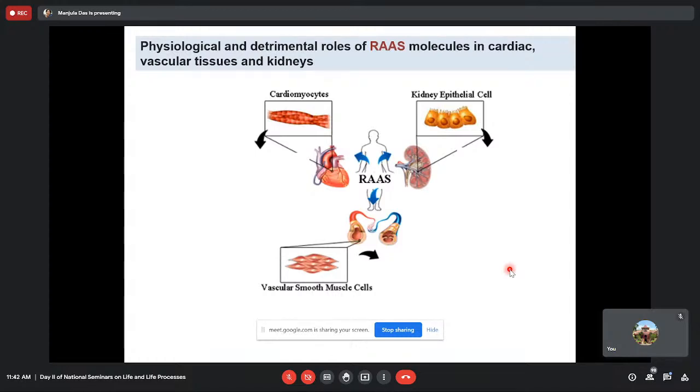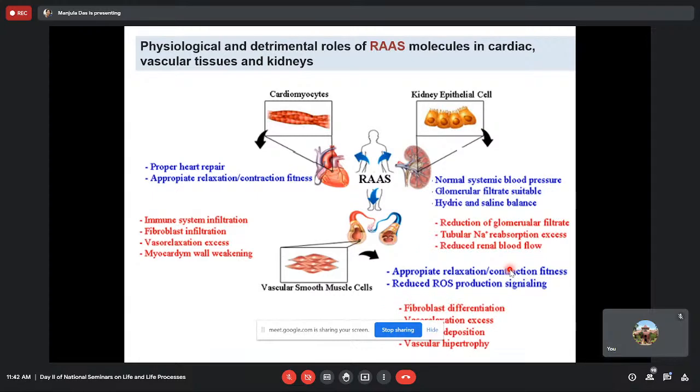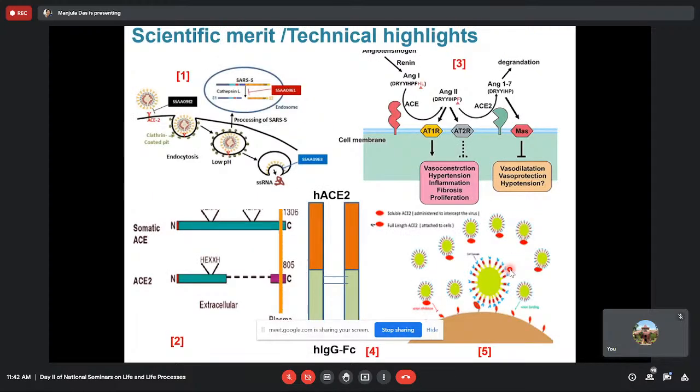During hypertension, excess of these molecules has been linked with cardiovascular and kidney tissue hypertrophy and fibrosis. So we cannot inhibit ACE2.